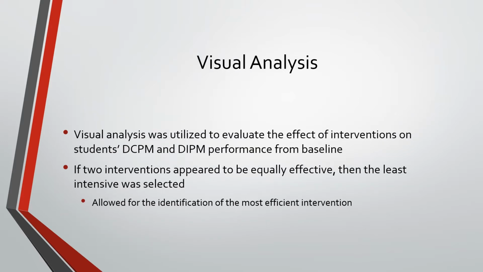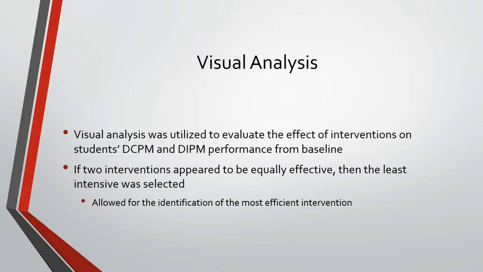And so just like any single case design study, visual analysis was utilized to evaluate the effectiveness of the interventions on students' digits correct and digits incorrect per minute from baseline levels. And so if any 2 interventions appear to be equally effective, then the least intensive would be selected.